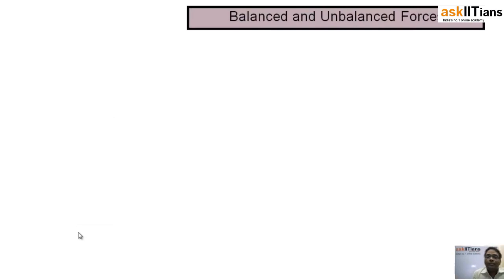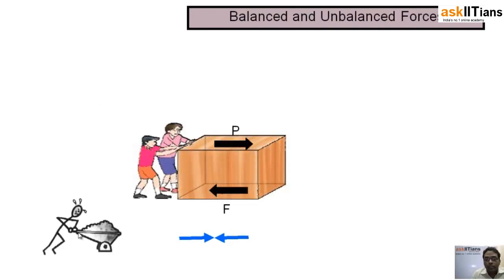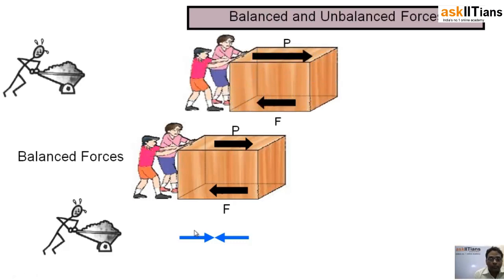Let's take it further now. When we talk about balanced and unbalanced forces, here as you can see, the force acted by the person is equal to the force of friction, that is the opposition to the motion of this object. When these two forces are equal, the object does not move. So we can safely say that these two are balanced forces.